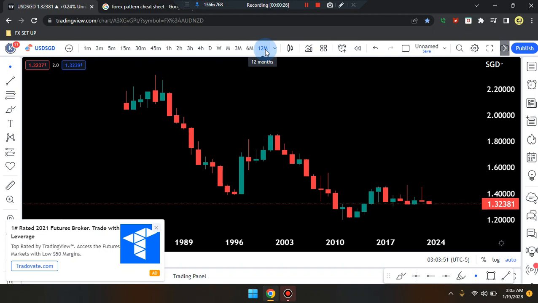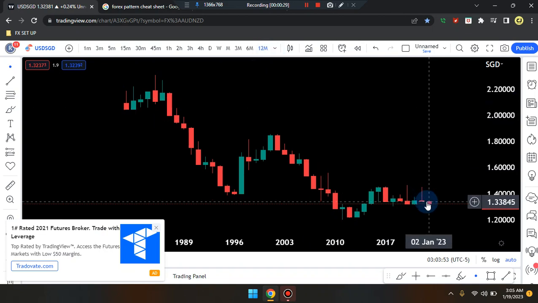We are on a 12-month time frame. Price action, last candle to the right-hand side is a bearish red candle.